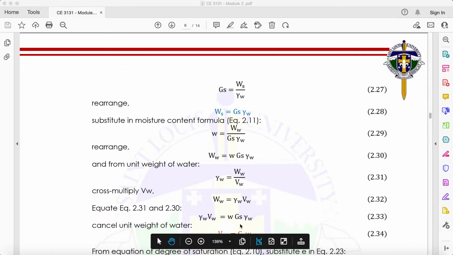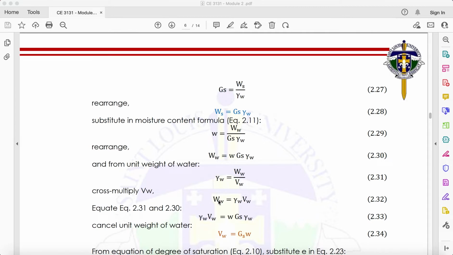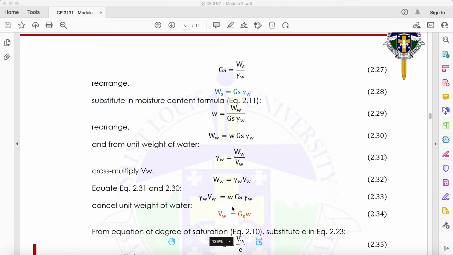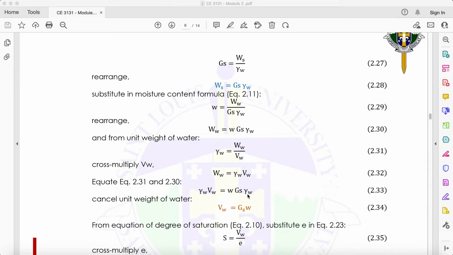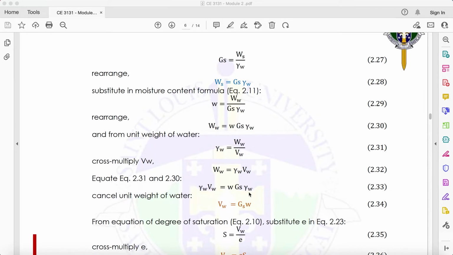Okay, now if we equate the two equations here, 2.30 and 2.32, Ww: moisture content times specific gravity times unit weight of water is equivalent to unit weight of water times the volume of water. So we have unit weight of water on both sides of the equation, so we can simply cancel gamma w. Therefore, we are left with the volume of water is equivalent to the moisture content times the specific gravity.